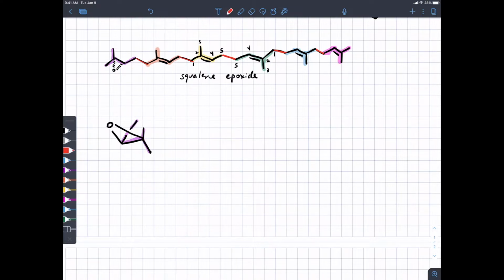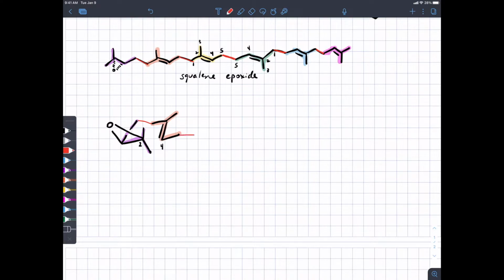That purple isoprene unit is connected to the orange isoprene unit like this. 1, 2, 3, 4, 5 with a double bond there. That's the orange isoprene unit. You can see that carbon 2 of purple and carbon 4 of orange are close to each other.